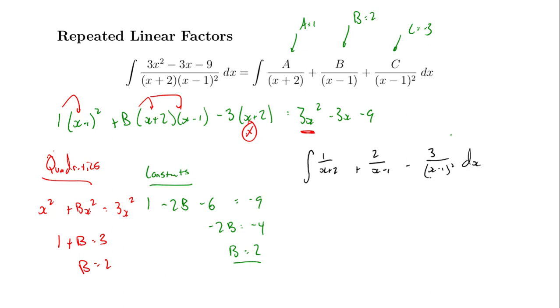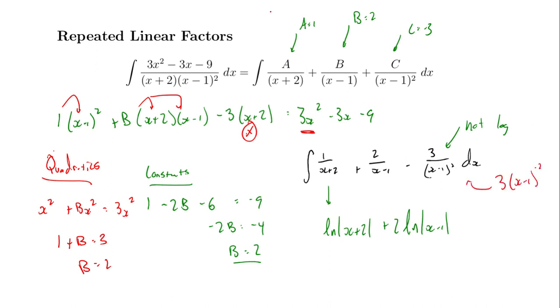The only difference is that this is not a log anymore. It's a power function, right, with a negative 2 exponent. So we've got the log of the absolute value of x plus 2 times the log of the absolute value of x minus 1.